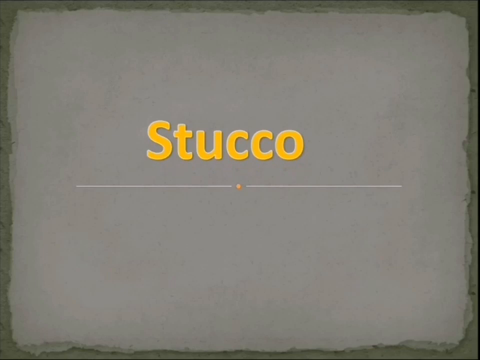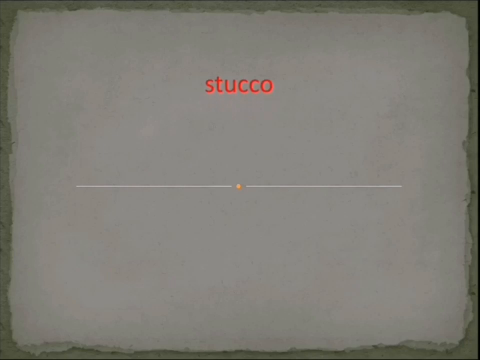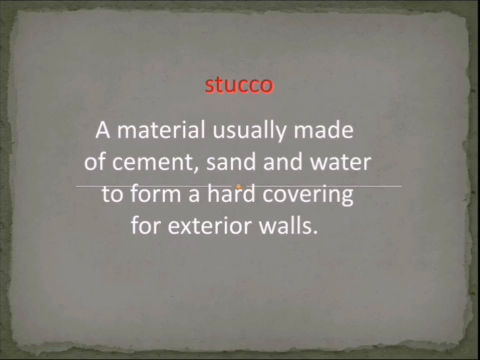Now let's proceed to stucco. Stucco in Thai means? Okay. Now let's try to define what is a stucco. Let's read. Stucco is a material usually made of cement, sand, and water to form a hard covering for exterior walls.